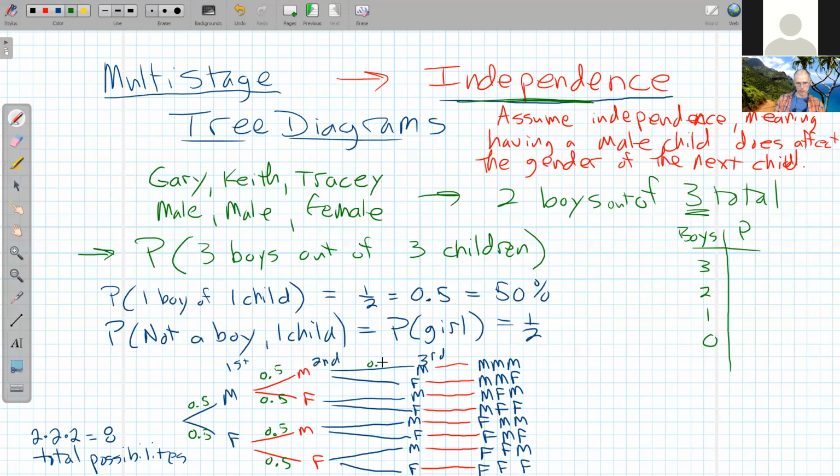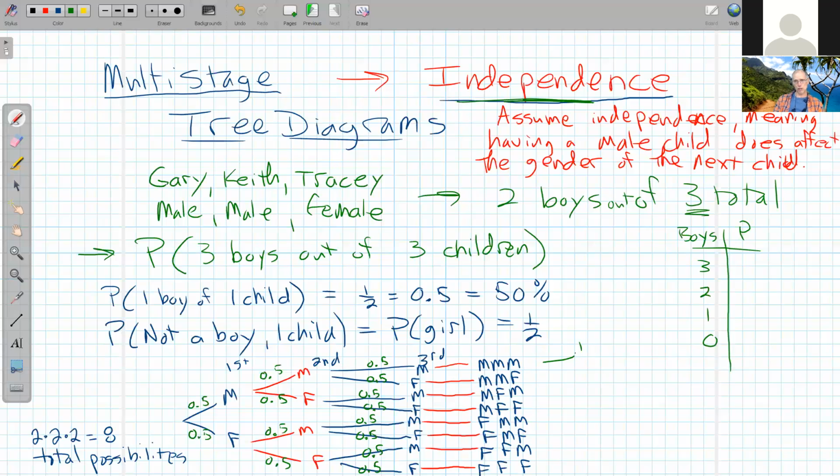Each of these is assumed to be a 50% chance. That they're each 50% chance at any particular point is the idea of equally likely probabilities that we talked about before. If each stage was equally likely, at the end, each of these should be equally likely, so that, for example, male, male, male is just as likely as male, female, female.